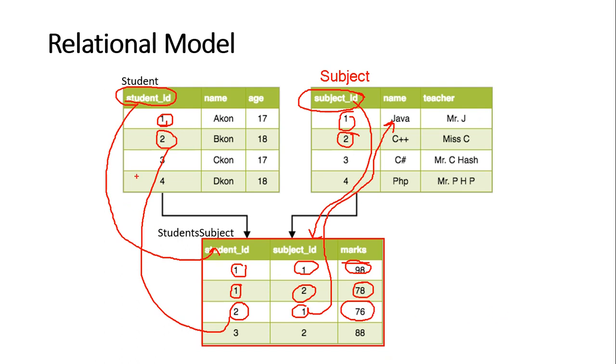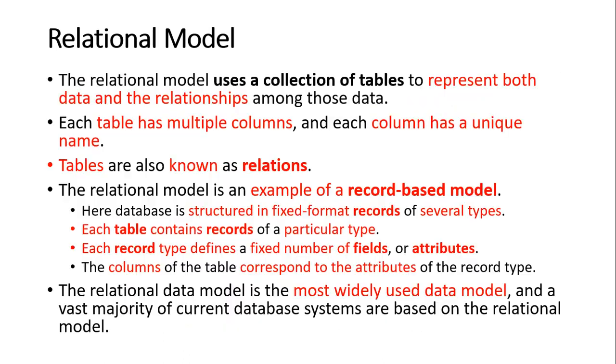So you notice that the relationship between the tables is also done with the help of a table. Okay, and that is what the relational model is. So let me summarize what is there in the relational model. The relational model uses a collection of tables that represent both the data as well as the relationship among those data.